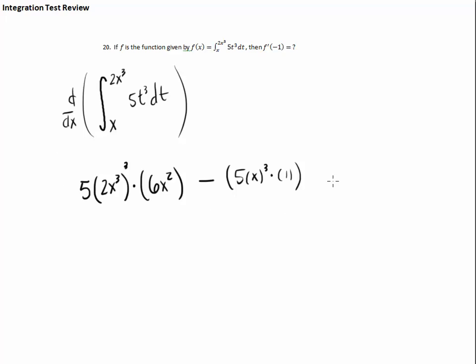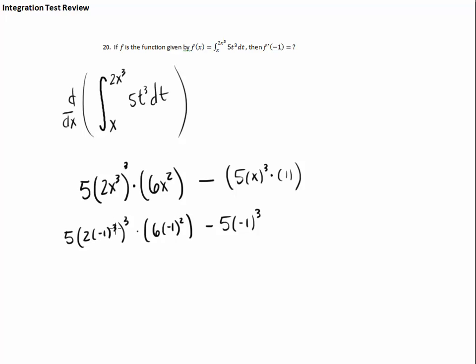That's easy enough. This is going to be the answer to this, but then I want to evaluate it at -1. If you wanted to simplify this, that's fine. I'm just going to plug -1 in. -1 cubed times 6 times a -1 squared minus 5 times a -1 cubed.